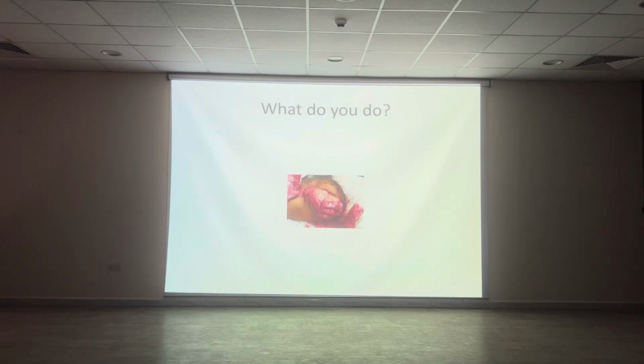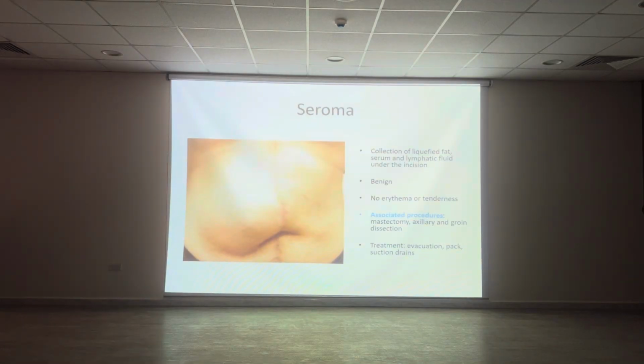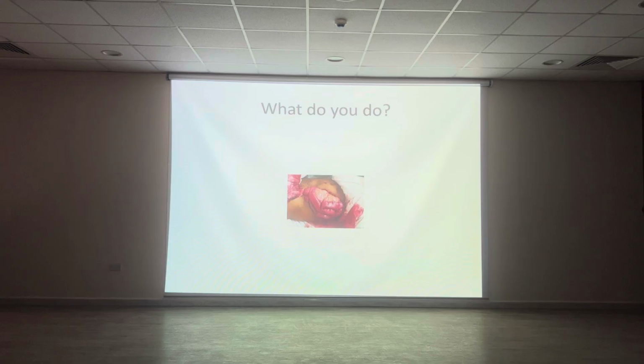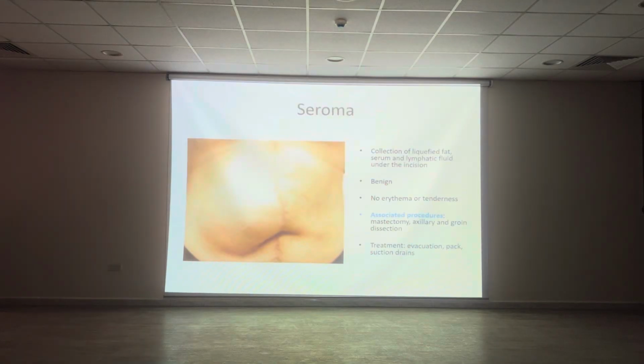This picture represents an evisceration, which is protrusion of the bowel. This would need immediate action by taking the patient back to theater. You need to cover it with a wet sterile gauze and take the patient to theater. You can't leave them because the bowel will dry, ulcerate, and develop a leak or a fistula.